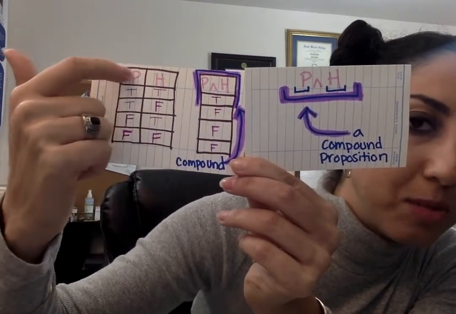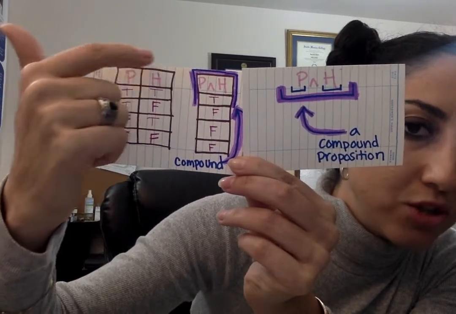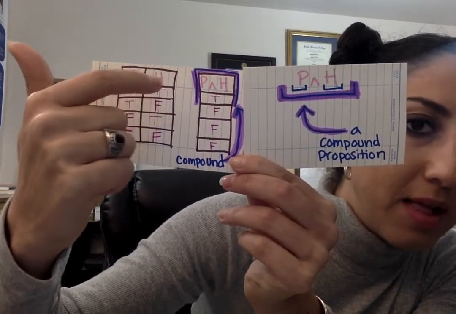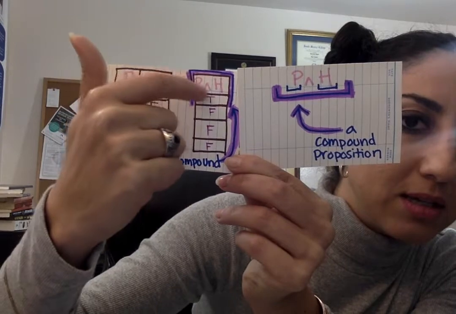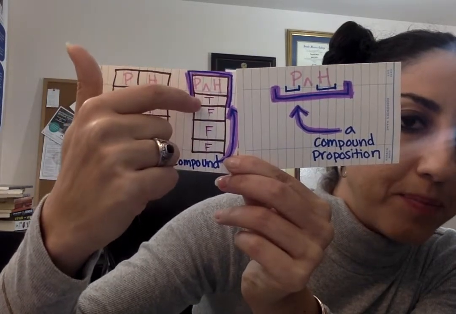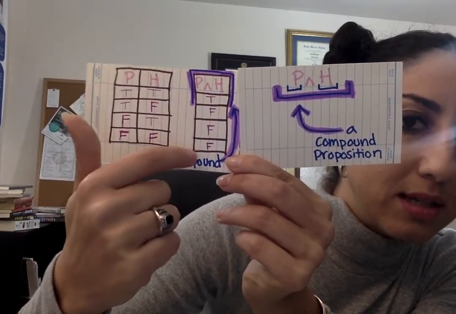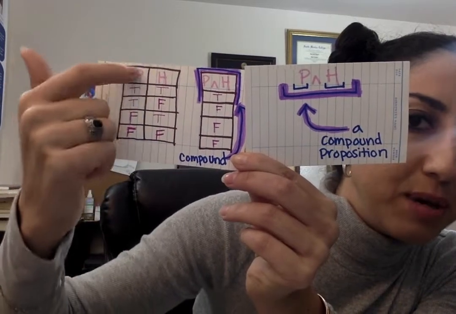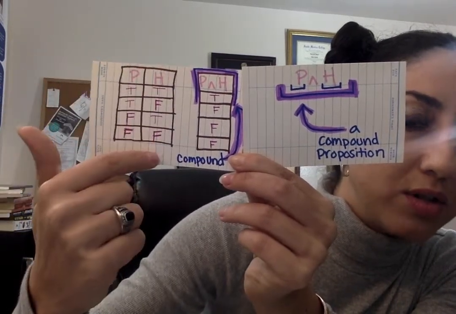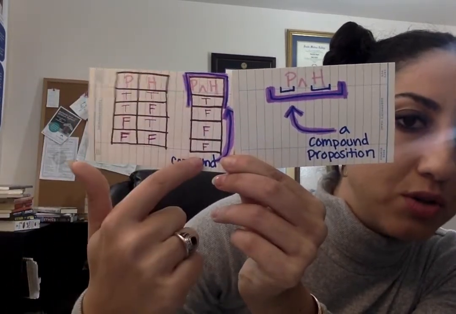So if it's true that the pizza is here, and it's true that I am hungry, then it's true that the pizza is here and I am hungry. But in all other cases, for example, if P is false and H is false, then P and H is also false.